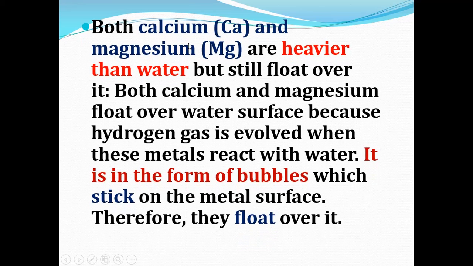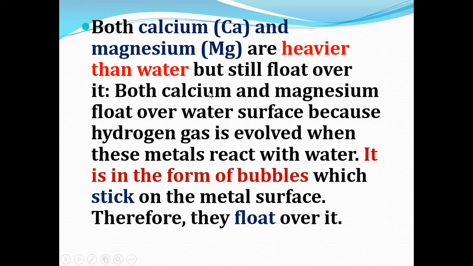Now, both calcium and magnesium are heavier than water, but they float over the water. Why? Because hydrogen gas is evolved when these metals react with water.